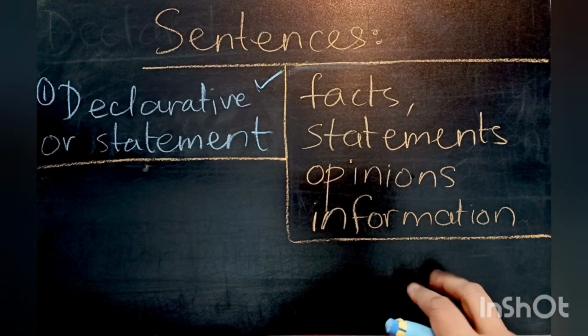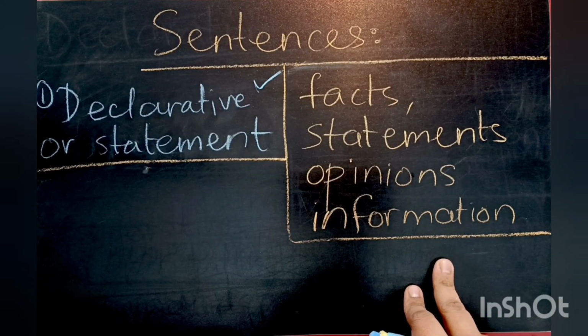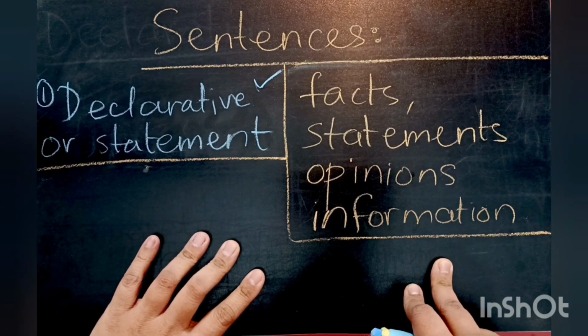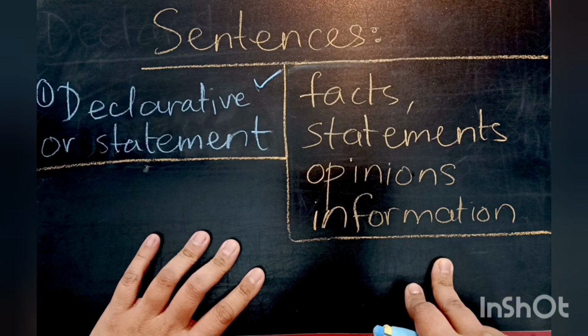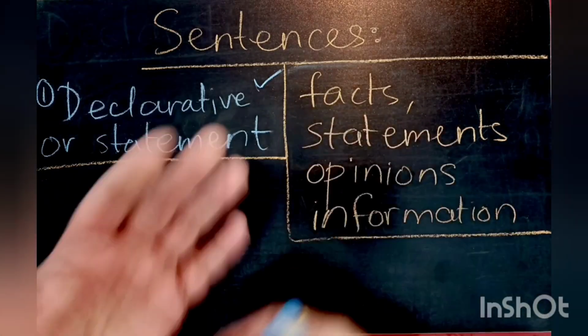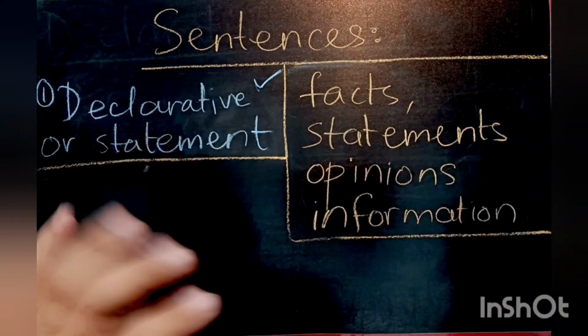So, as I have already said, declarative sentences are the most important and common sentence type. These are a very simple and common type of sentences. We use them in everyday life.